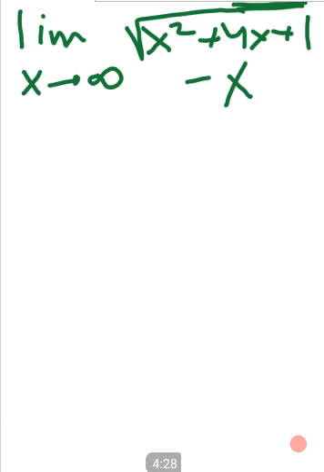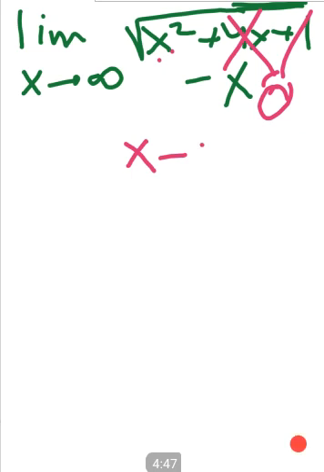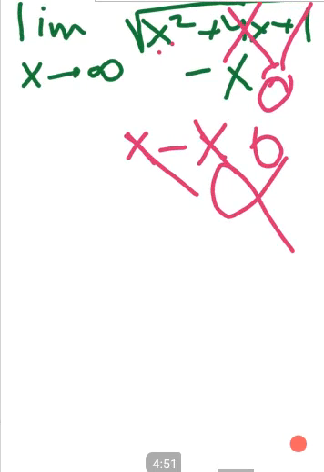Don't be tempted to think that 4x is negligible in front of x square, so it will cancel out to be 0. 1 is also very small, so this will also cancel out. We'll just be left with root x square, that is x, minus another x, so we'll get 0. That is the wrong solution, as you'll see in a while that we get some other value of the limit.